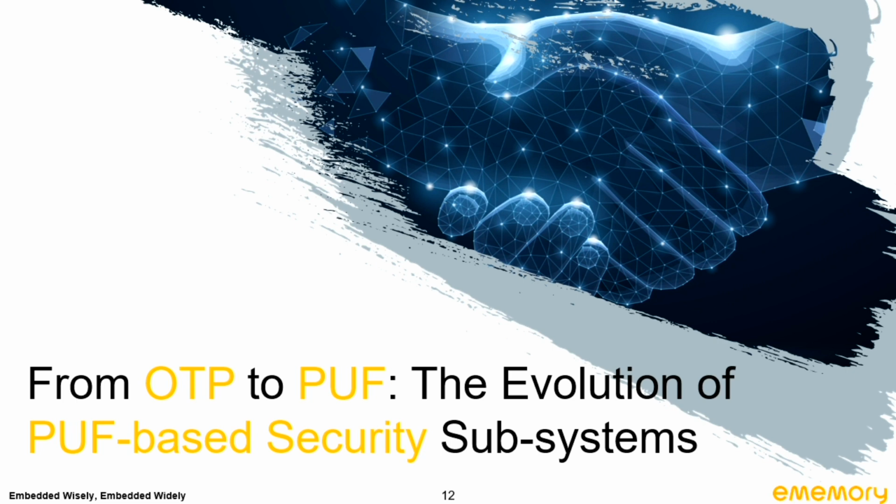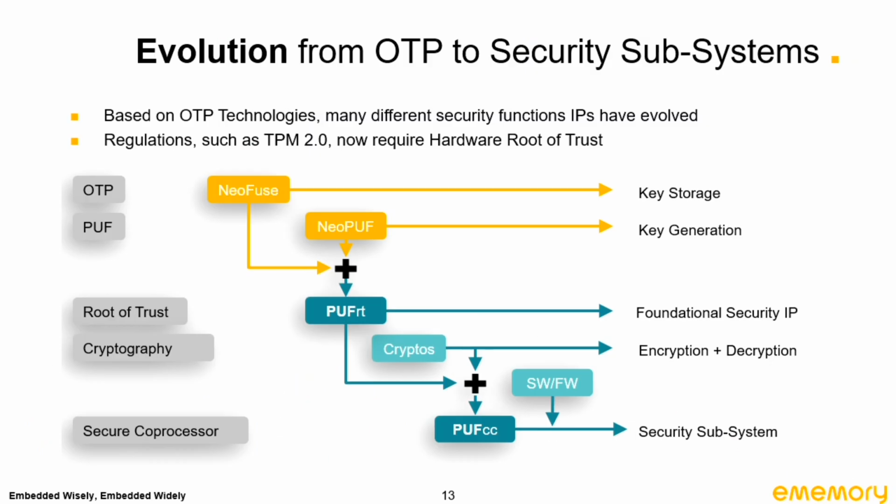And you can turn to page 13 to see the figures. Okay. So based on our OTP technology, we developed a PUF-based chip fingerprint IP. Both OTP and the PUF, which stands for physically unclonable functions, are important IP for a security subsystem.